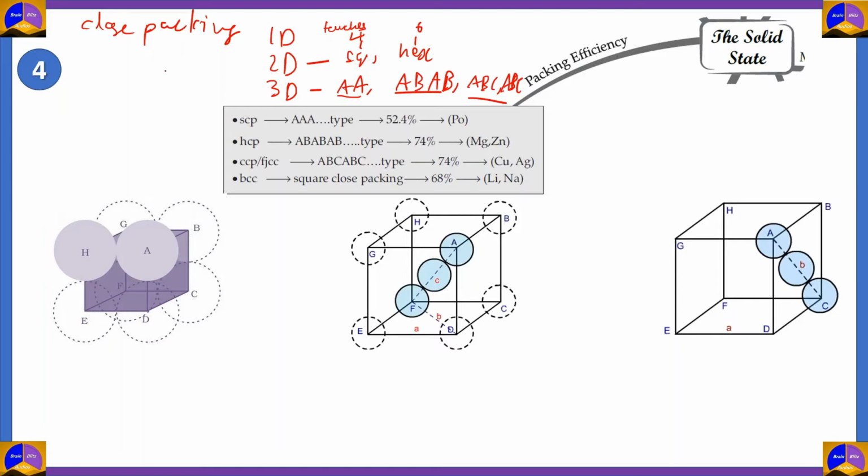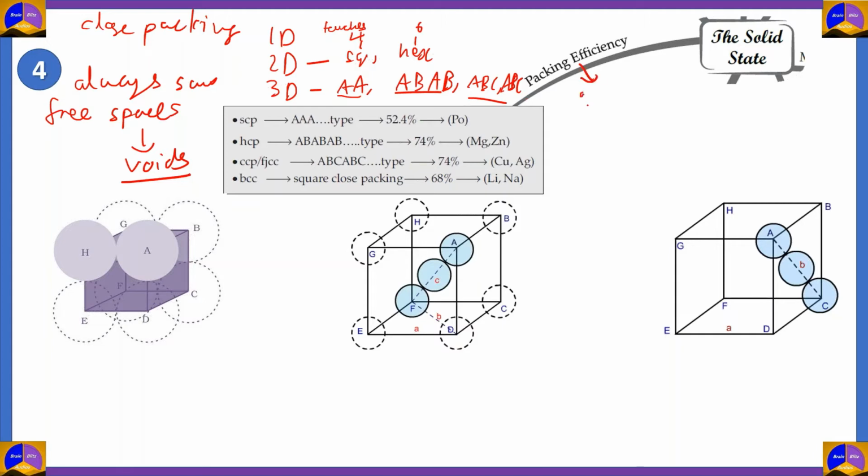However, in whatever way we pack them, there is always some free space left. Because of the spherical nature of atoms and the cubic nature of the unit cell, there's always going to be some space left over. These spaces are known as voids, and we'll look at them in a different section of this video. So for now, let's look at what packing efficiency is.